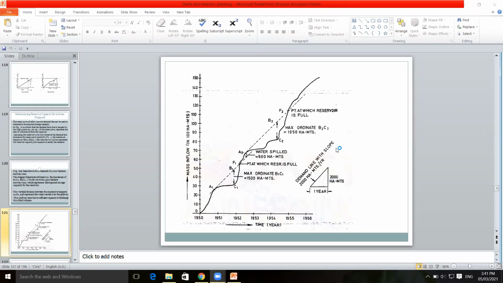This is a demand line with slope 2000 hectare meters per year. For 1 year, 2000 hectare meters, mass inflow is there.